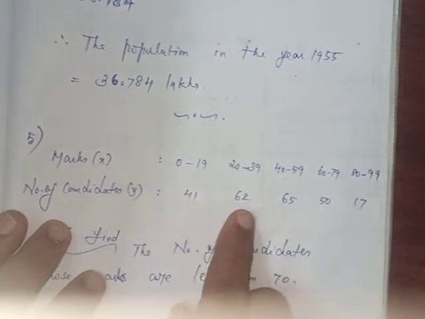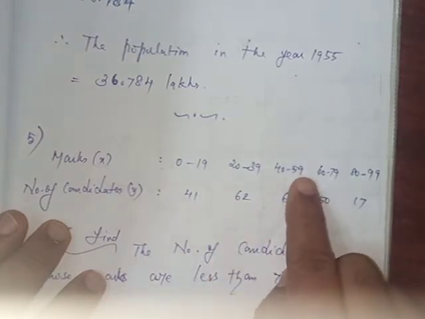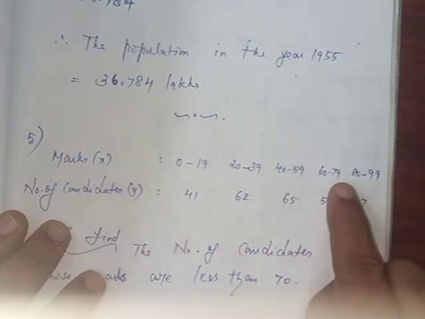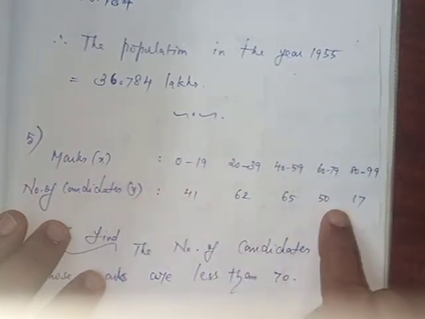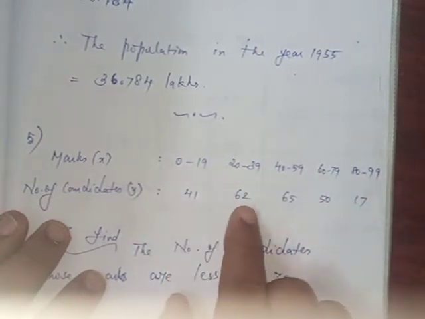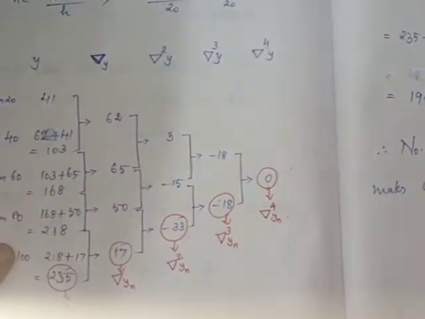For less than 60 you have to add all 3. For less than 80 you have to add all 4. For less than 100 you have to add all 5. So first write 41, then 62 plus 41 is equal to 103.